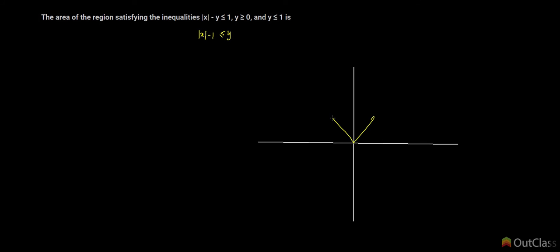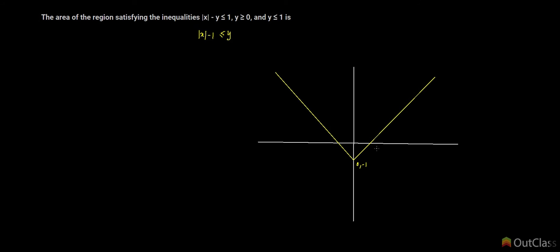Y is equal to mod x will look like this, and then you have to shift it down by 1 unit, giving us something that passes through, the lowest point is 0, minus 1. It passes through 1, 0 as it rises up on the right side of the y axis. On the left side, it is falling down to that point. Familiar V shape, shifted down by 1 unit.